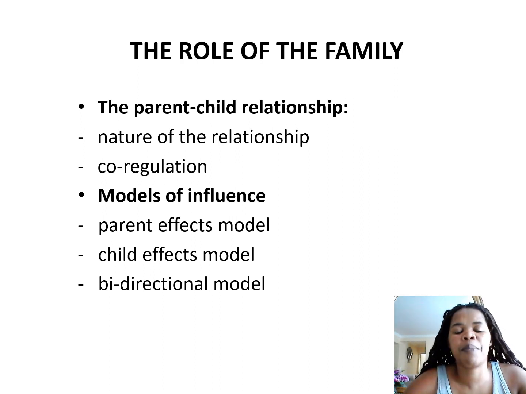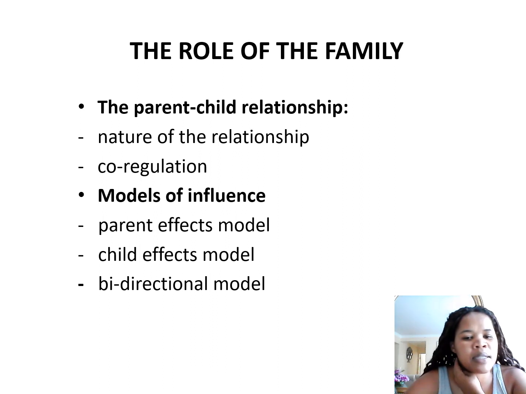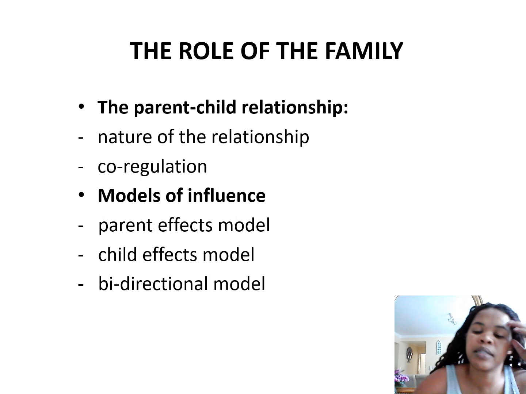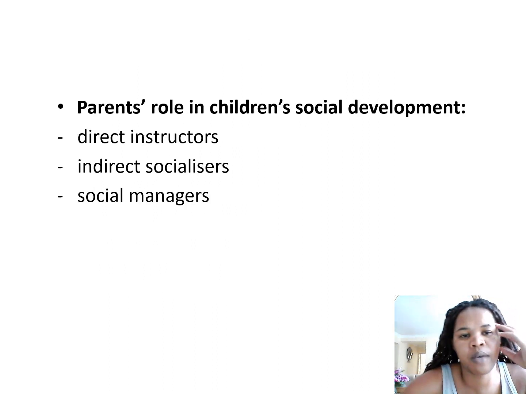But if that does happen, there is also value in the child seeing how these parents resolve conflict. Models of influence. Parent effects model, child effects model, the bidirectional. So the models of influence: the child can influence the parents in terms of how they parent, and also the parents influence how children behave at times.